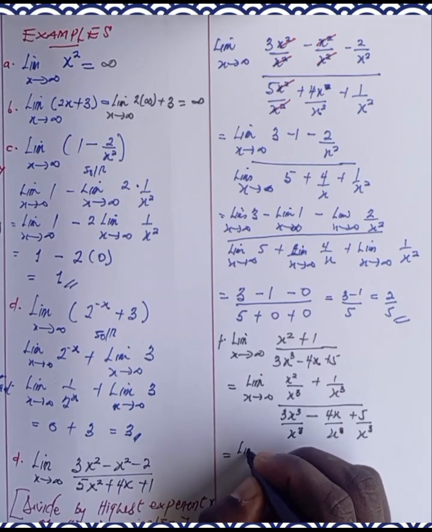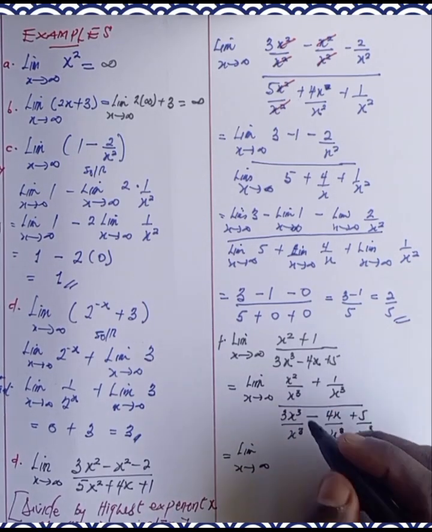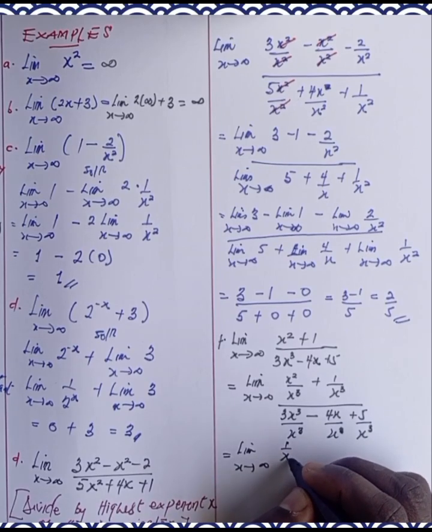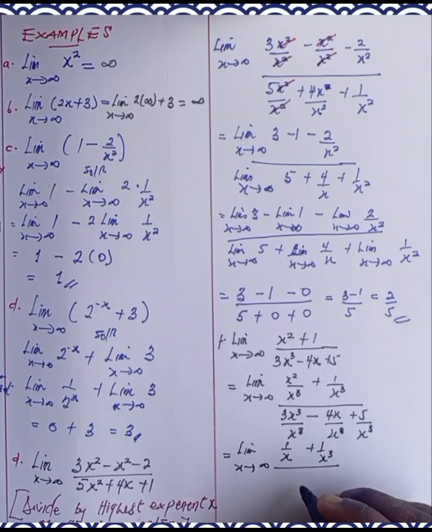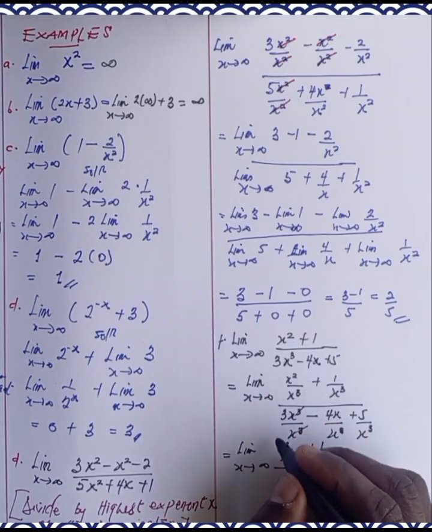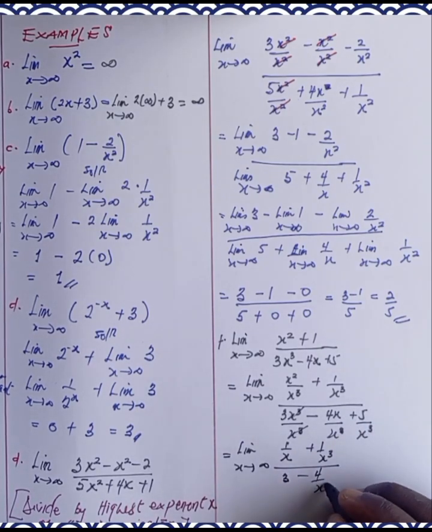So we have the limit as s approaches infinity. We are going to get 1 over s plus 1 over s cubed all over 3, because this and that will go, minus 4 over s squared plus 5 all over s cubed.